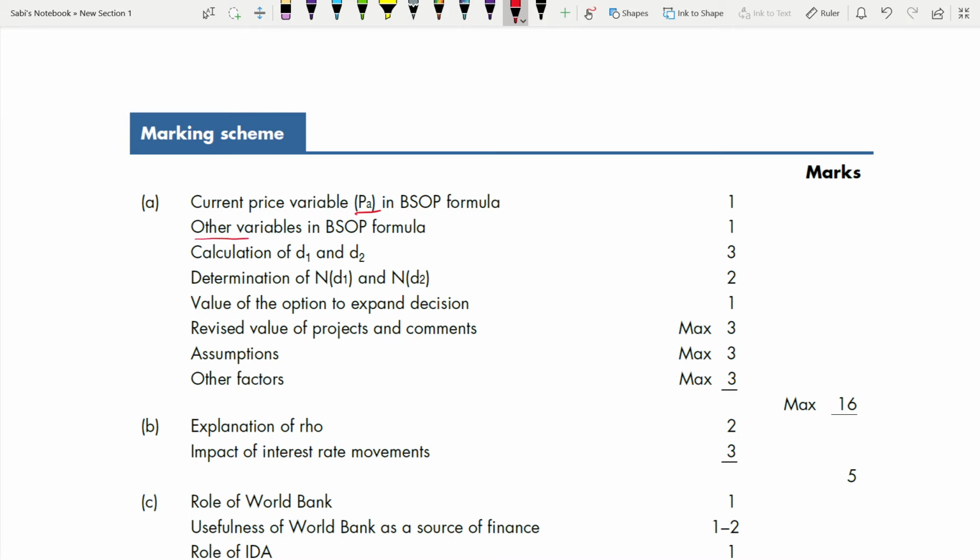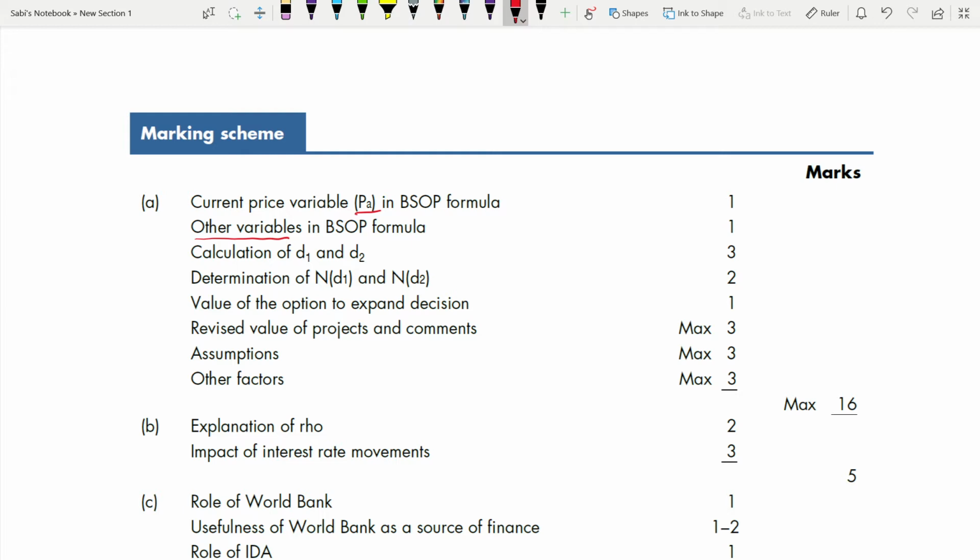You have to get all the variables right to get that 1 mark. Even if you get one variable wrong, you're not getting 1 mark. That means your interest rate has to be correct, your standard deviation has to be correct, your exercise price has to be correct, and also your interest rate and time. So these four variables have to be right, for 1 mark.